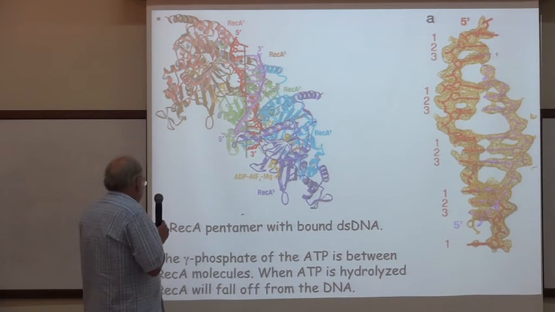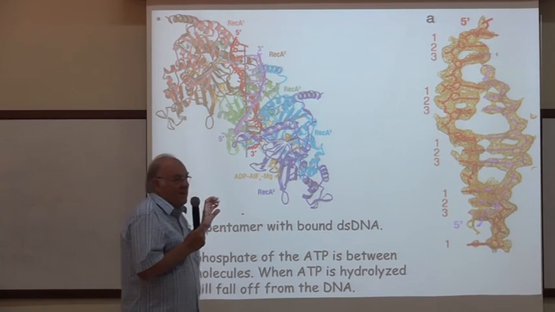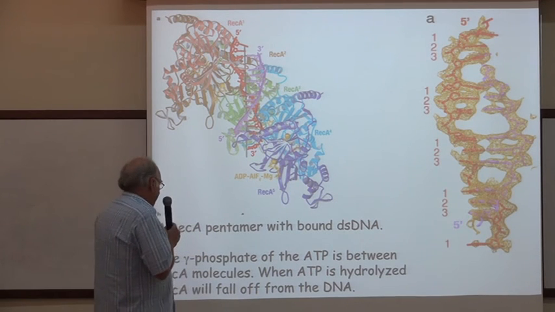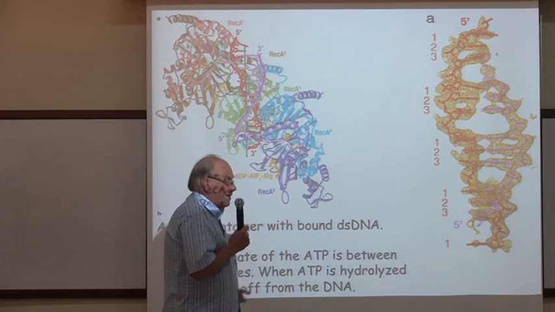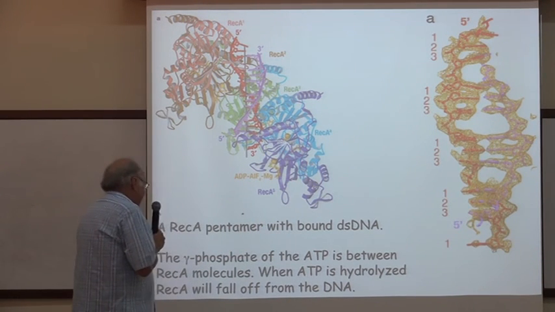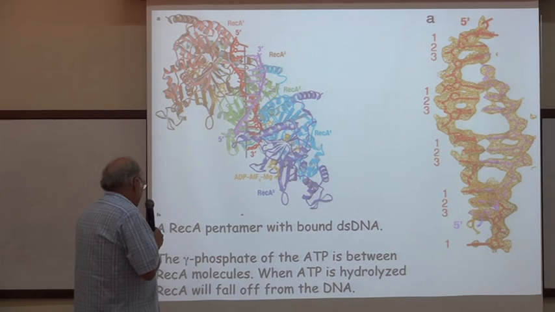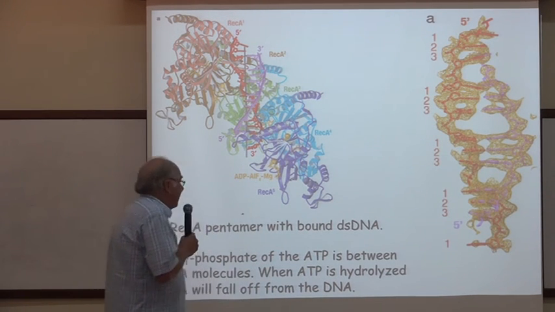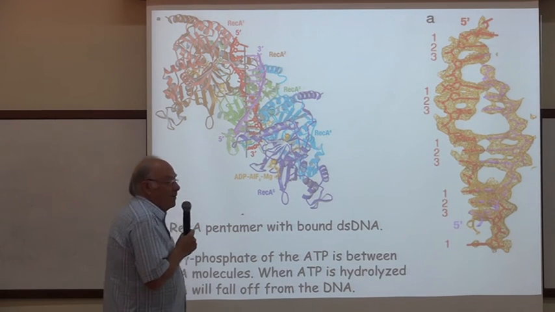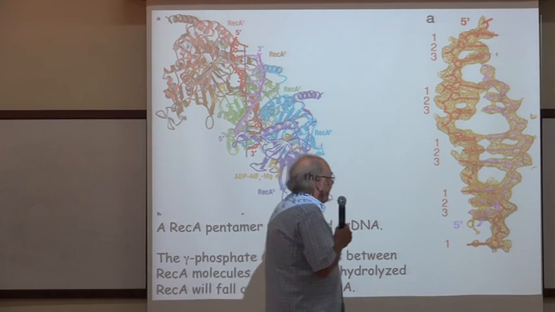And we said that ATP is needed for this process, and the gamma phosphate here of the ATP, the last phosphate, is sitting between the domains, between the RecA molecules. And when ATP is hydrolyzed, it will fall off from the DNA and cause a structural rearrangement.